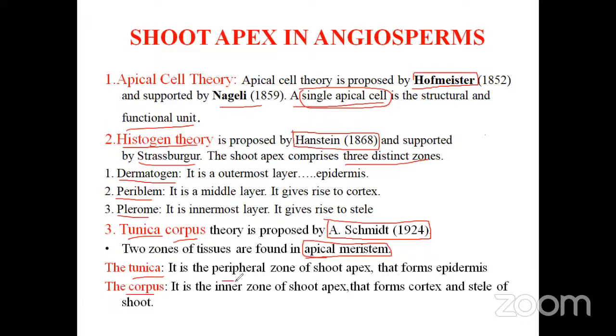The tunica is the peripheral zone of the shoot apex and forms the epidermis. The corpus is the inner zone of the shoot apex that forms the cortex and stele, both cortex and stele. Take the diagrammatic representation, Schmidt. Only two regions, corpus.